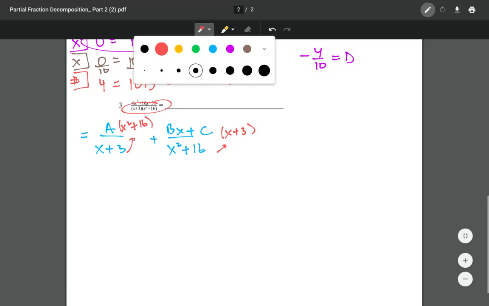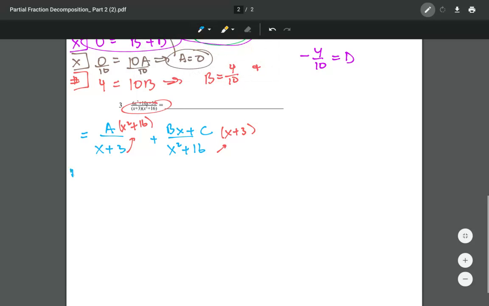Now I just compare my numerators. So numerators, my numerator here is 6x squared plus 10x plus 51 is equal to, let's go ahead and multiply these through. So I've got ax squared plus 16a, that's this one.